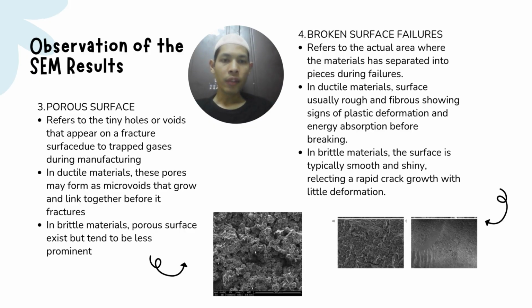Next, broken surface failure refers to the actual area where the material has separated into pieces during failure. In ductile material, the surface is usually rough and fibrous, showing signs of plastic deformation and energy absorption before breaking. In brittle material, the surface is typically smooth and shiny, reflecting a rapid crack growth with little deformation.